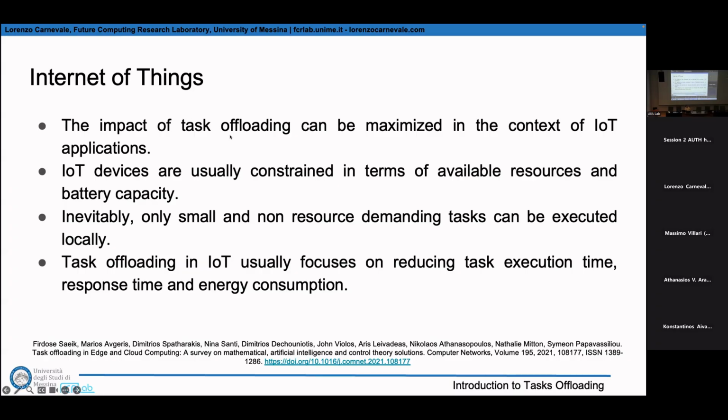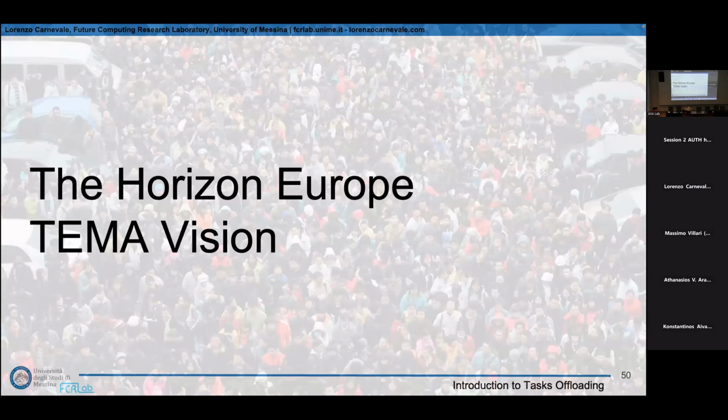Typically, only small tasks can be executed locally, because IoT devices are generally microcontrollers with very low power capacity. And then the offloading in this scenario focuses on reducing the task execution time, the response time, and energy consumption.